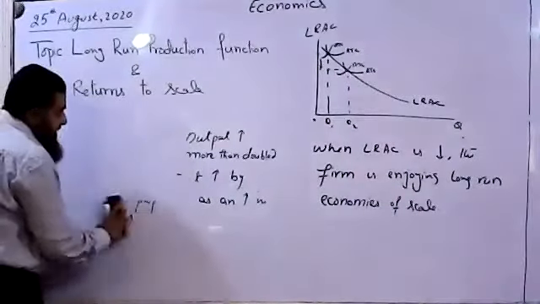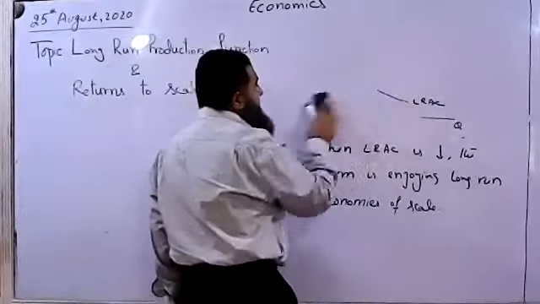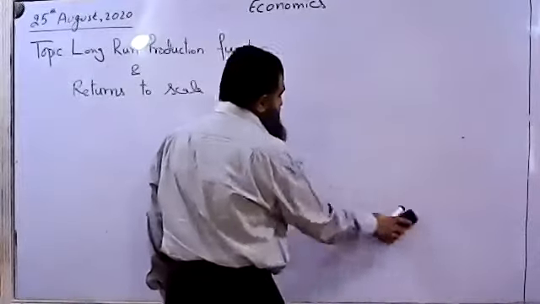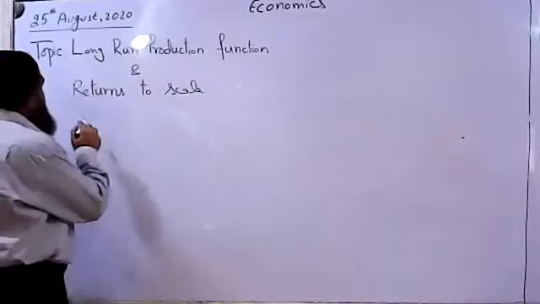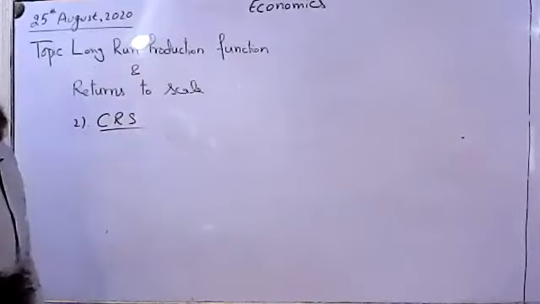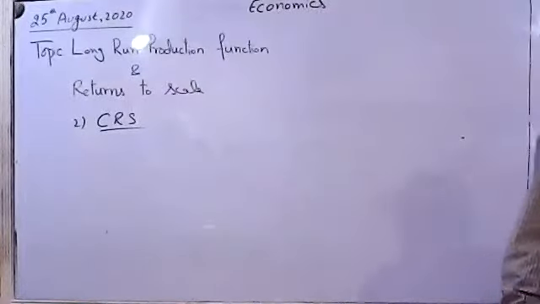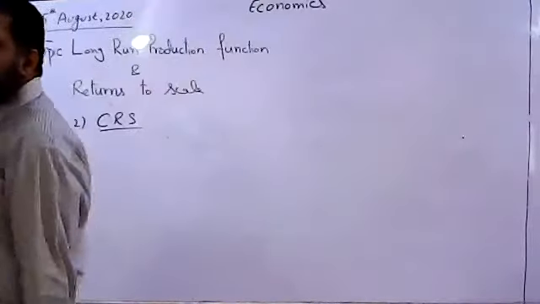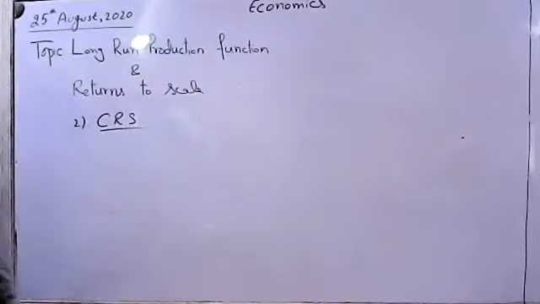Let's see something about constant returns to scale. Constant returns to scale, that is the second part of our returns to scale, CRS. When inputs are doubled and output has also been doubled, like output has changed by the same proportion as inputs have changed, then we say it is CRS, constant returns to scale.